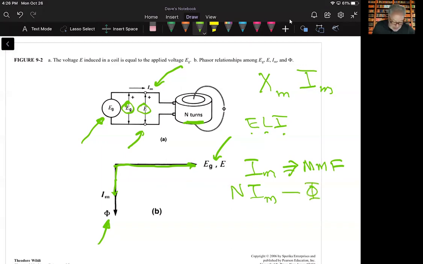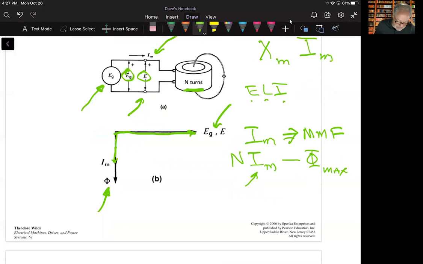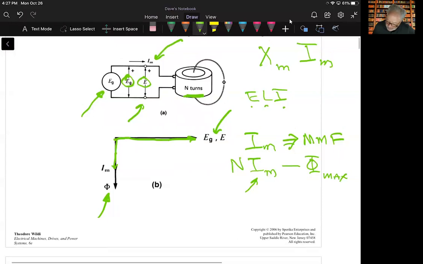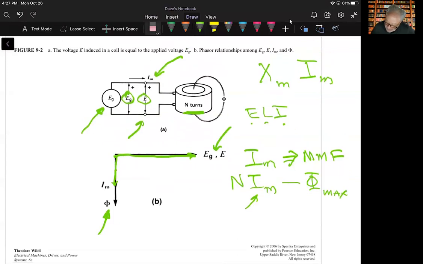All right, and consequently, I sub M is called the magnetizing current, and the peak value of this AC flux is given to us as this, and that's the thing that we used in our equation earlier. The flux induces an effective or RMS voltage across the terminals of the coil. Okay, so here's the thing, and this may seem sort of trivial at this point, but this is an induced voltage.